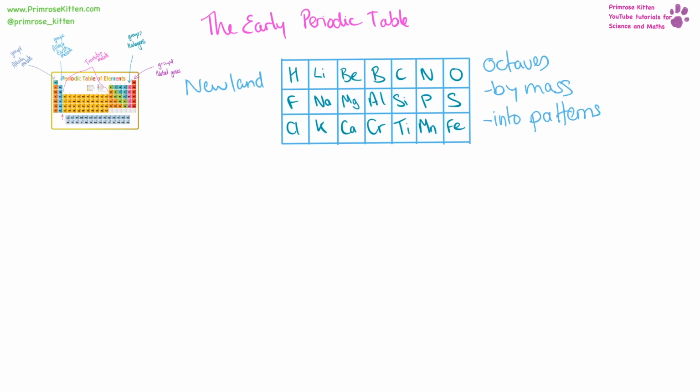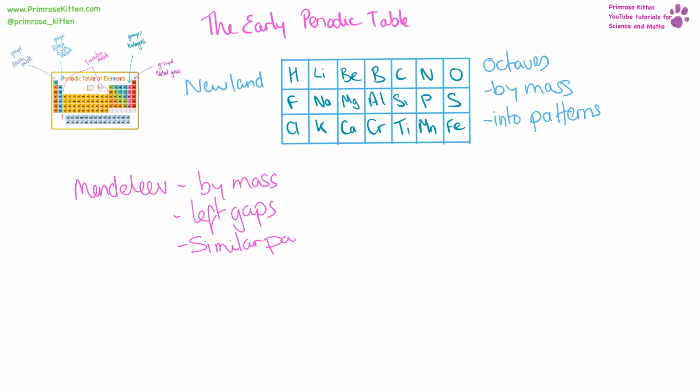Mendeleev was the next person to have a go. He also arranged things by mass, but the key thing is that he left gaps in his periodic table, and because he arranged things so that they were in groups with similar patterns, and he left gaps, he could predict the properties of elements that have yet to be discovered, and he was correct in his predictions.